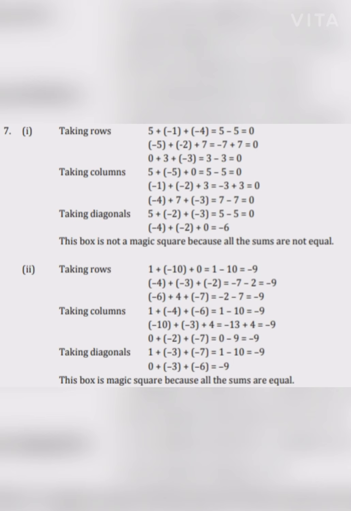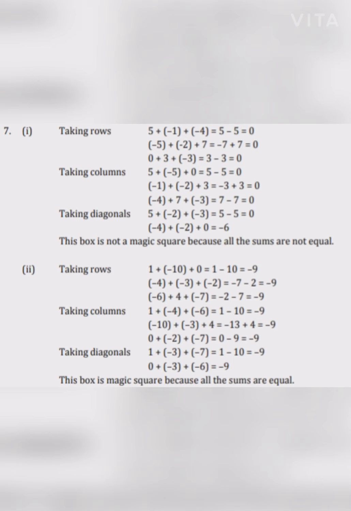1 plus minus 10 plus 0 is minus 10 plus 1, which will be minus 9. 4 plus minus 3 plus minus 2 is minus 7 minus 2, which is minus 9. Minus 6 plus 4 plus minus 7 is minus 2 minus 7, which is minus 9.